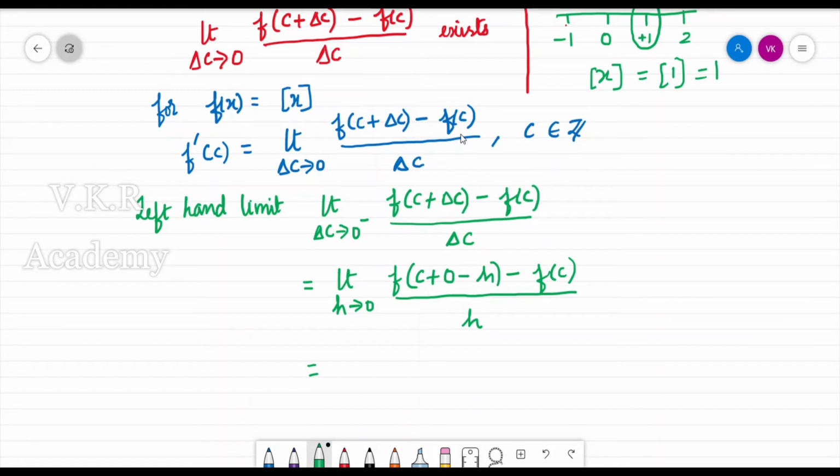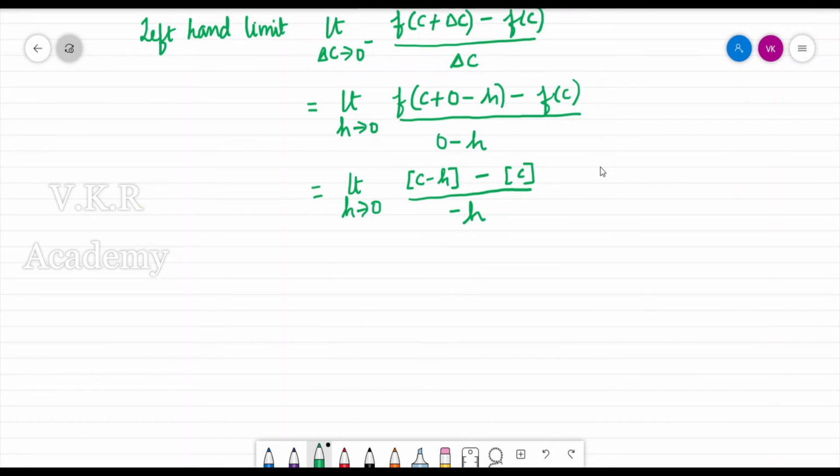Since c is an integer value, for the value c minus h, by definition of greatest integer function, c minus h will be the preceding integer of c, that is c minus 1, minus c, by minus h, that is equal to limit h tends to 0, 1 by h is equal to infinity.